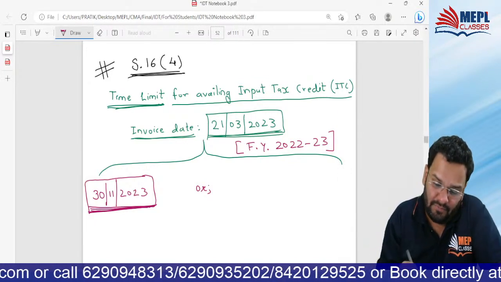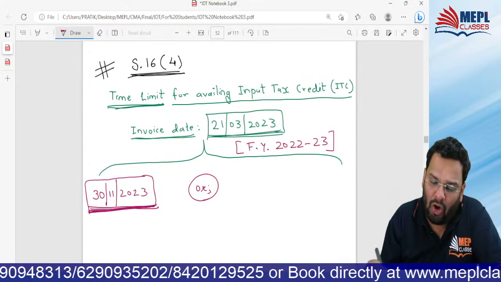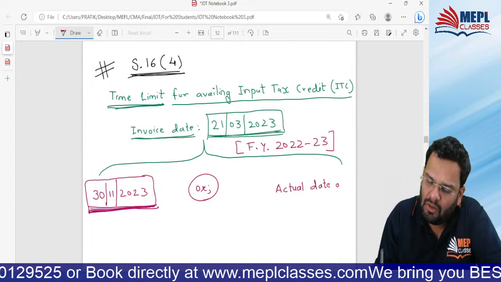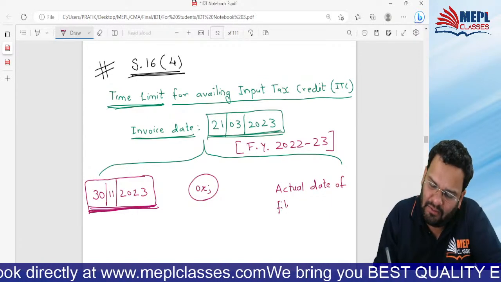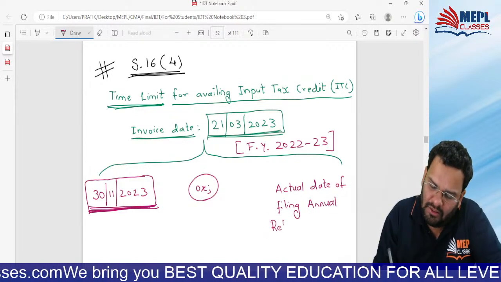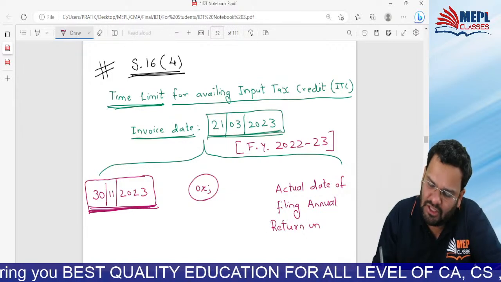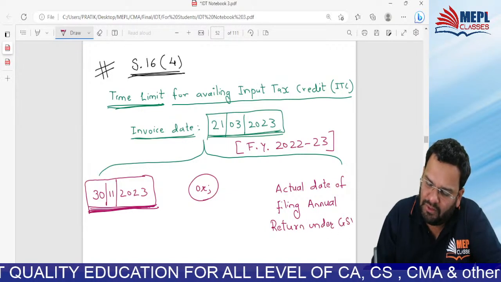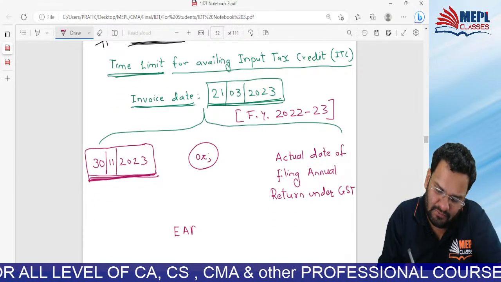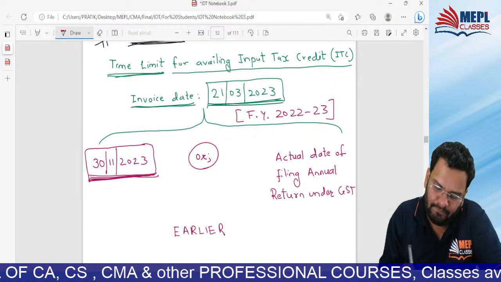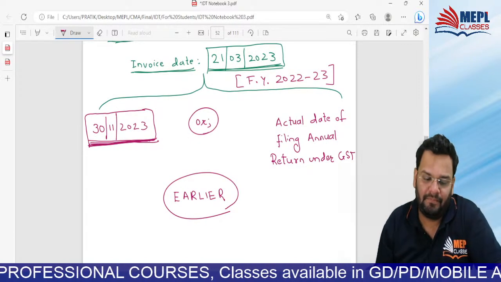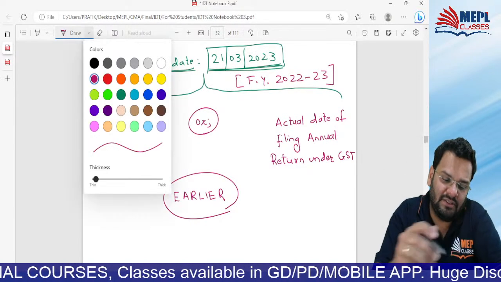That's why this date or the actual date of filing the annual return under GST, whichever is earlier. Getting it? They will say whichever is earlier.